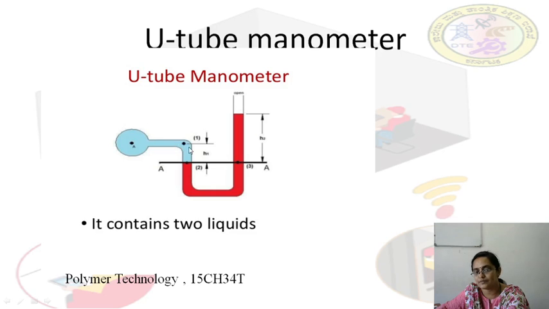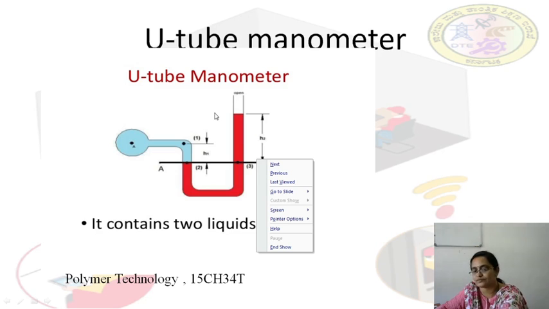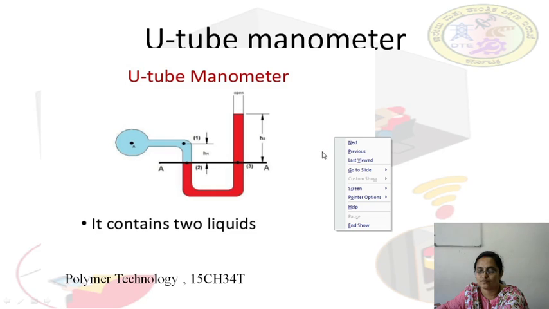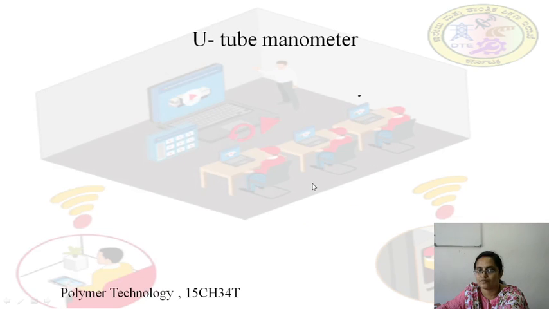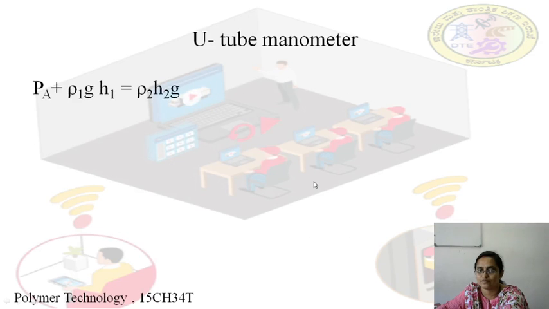Pressure at A plus pressure due to liquid in the tube with height H1, when these both are added, it is equal to pressure in the right leg or pressure of mercury head, that is rho 2 H2 into G. So pressure at A is equal to rho 2 H2 G minus rho 1 G H1.